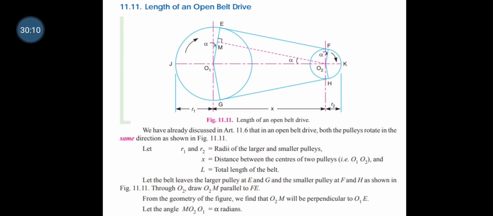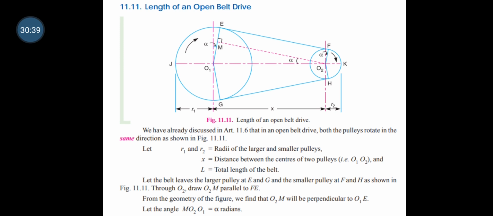We know that the length of the belt, capital L, is equal to arc of JGE plus EF plus arc of FKH plus HG. That is, half of L is equal to arc of JE plus EF plus arc of FK. Consider this as equation number 1.